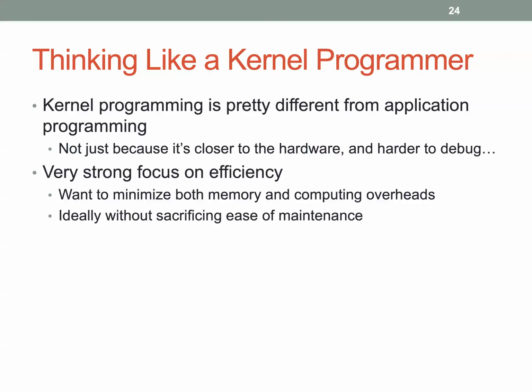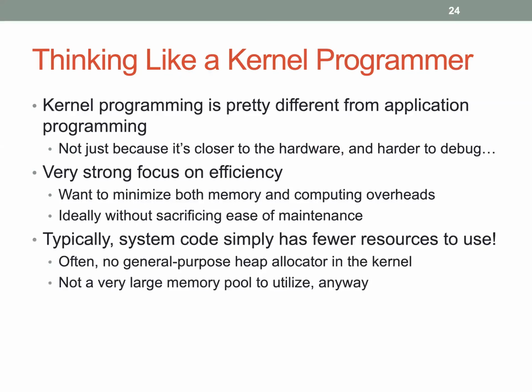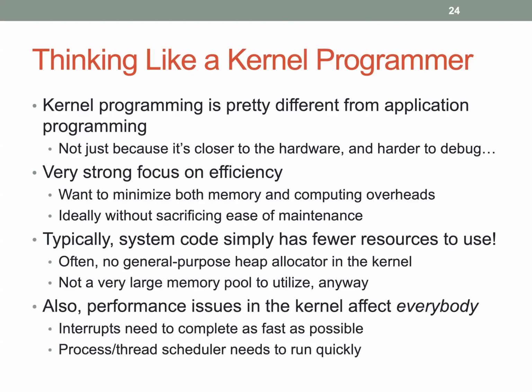First of all, we care a lot about efficiency, and this includes efficiency of memory use and also efficiency of computation. System code often has fewer resources to use because it's trying to be as small as possible to leave as many resources available for applications to use. The other thing is that if the kernel is fast, it benefits everybody.